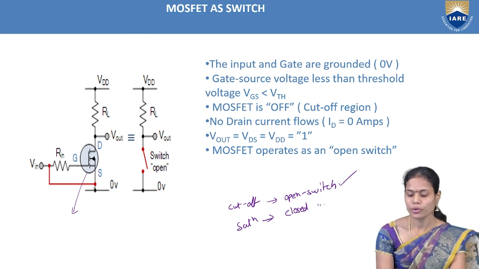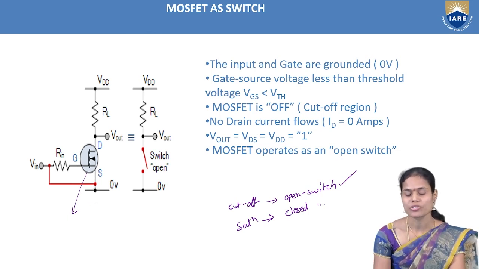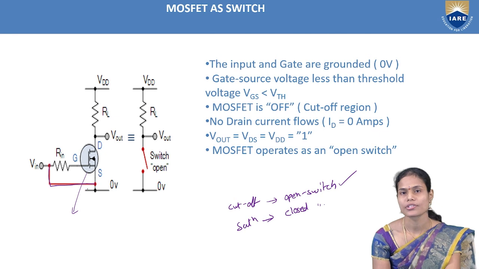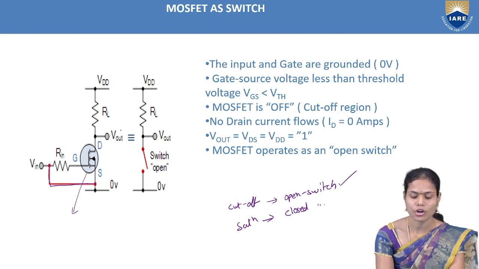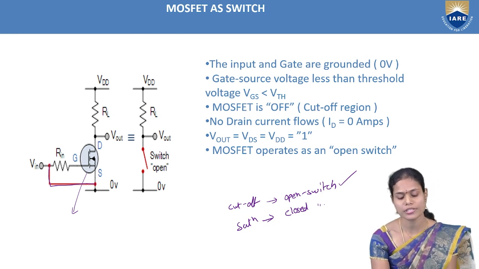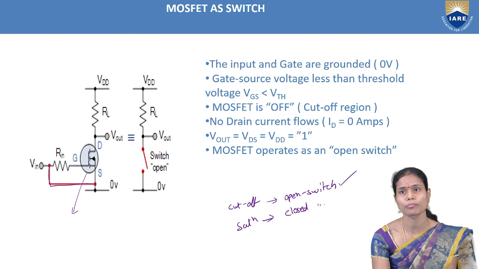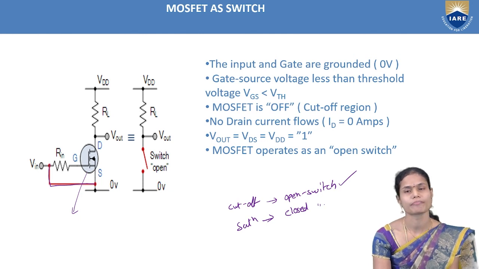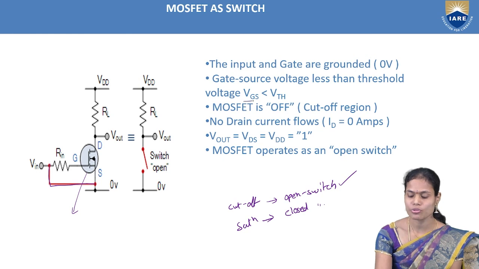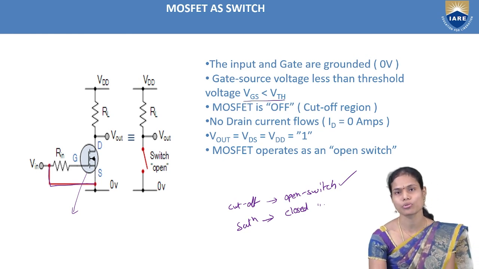To operate it as an open switch, the input should be tied to ground here. That is the first condition. Then if we observe the output, what are we getting here? If the input is grounded, we are not providing any voltage for the device. That is nothing but providing a gate to source voltage less than the threshold voltage.